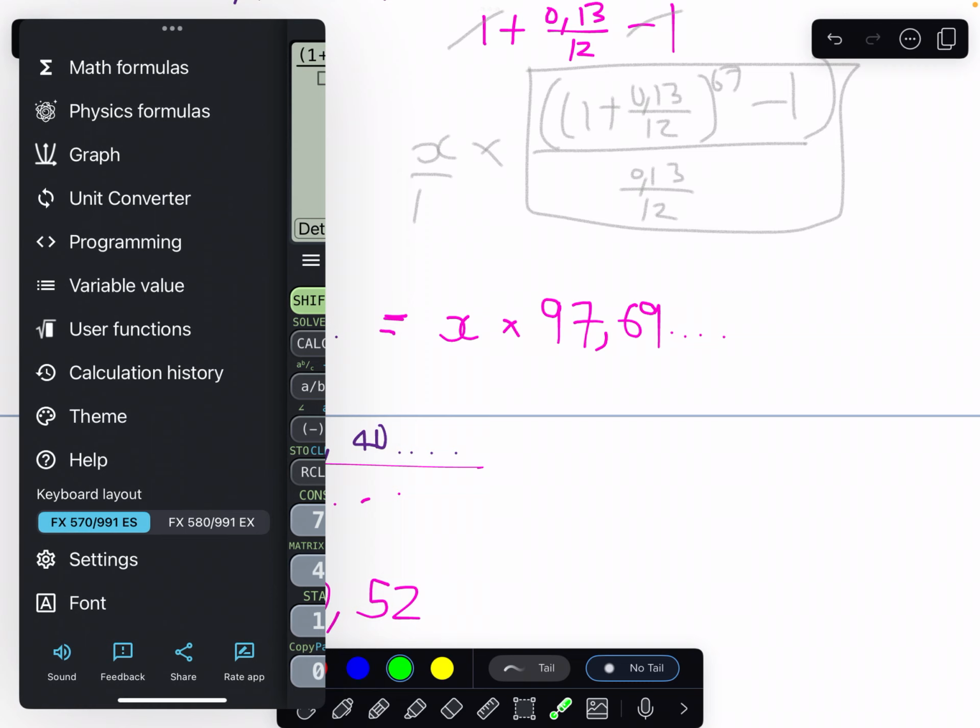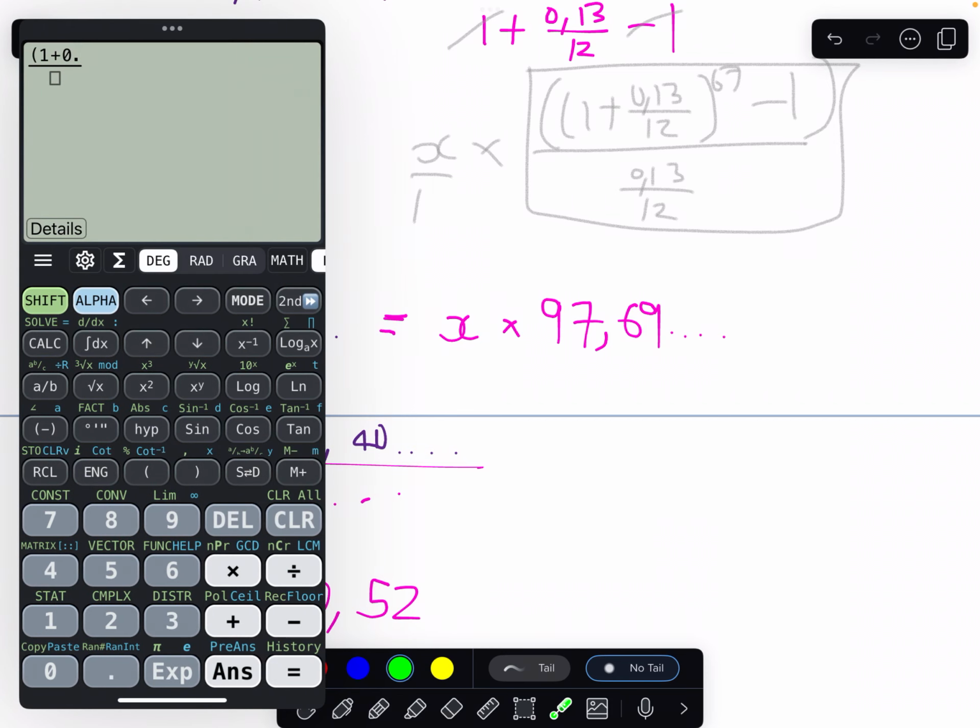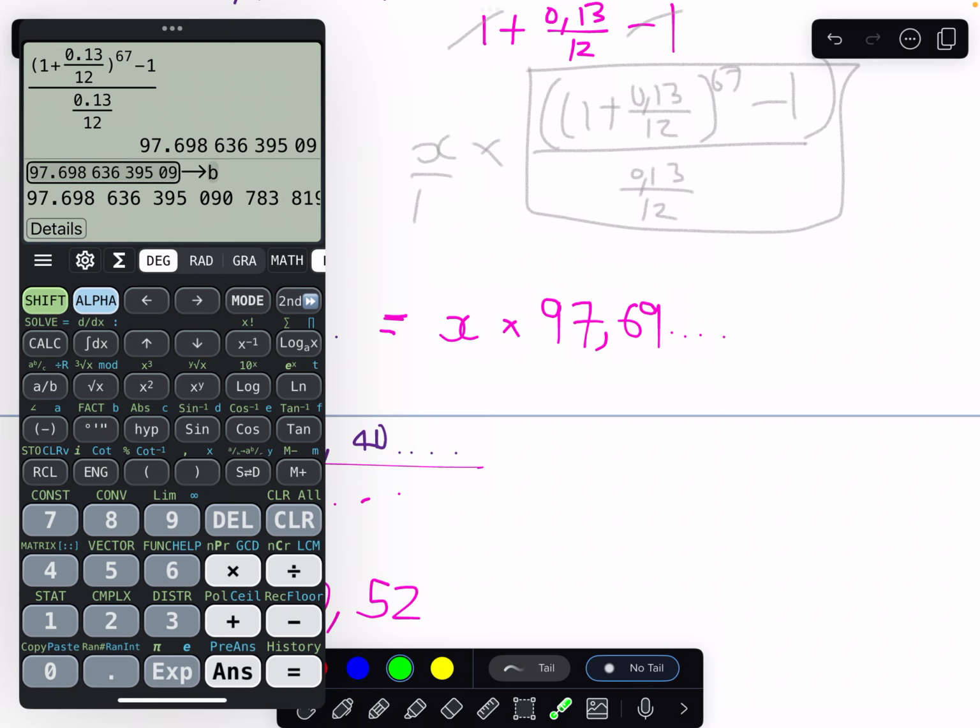Okay, interesting. Right, so this is to the power of 67 minus 1, and then down here we have 0.13 over 12. Okay, so I'm going to store you just for good measure, just in case I've gotten this wrong a second time.